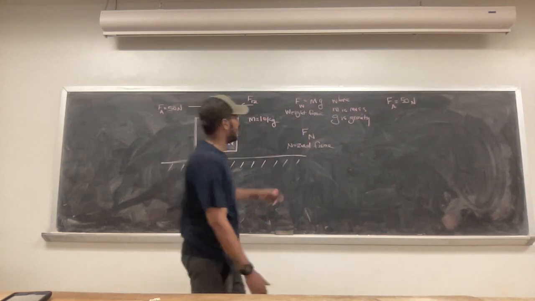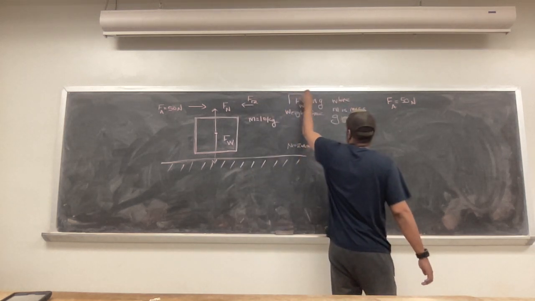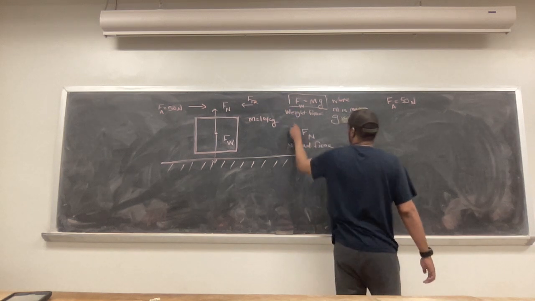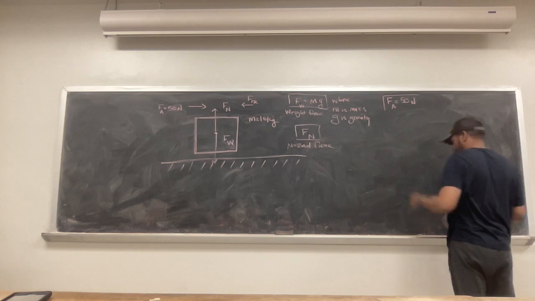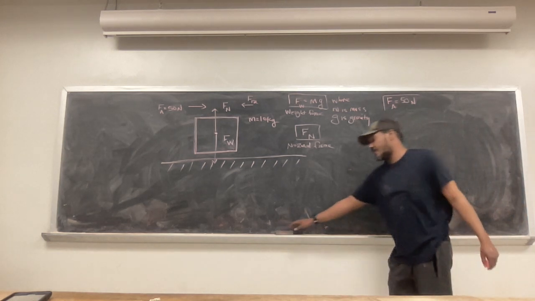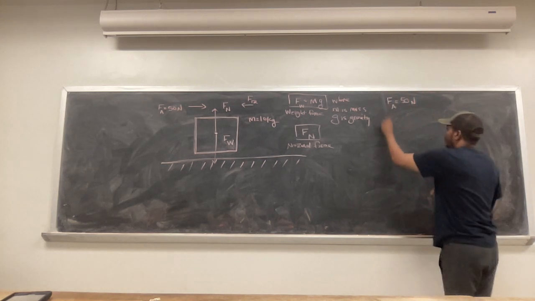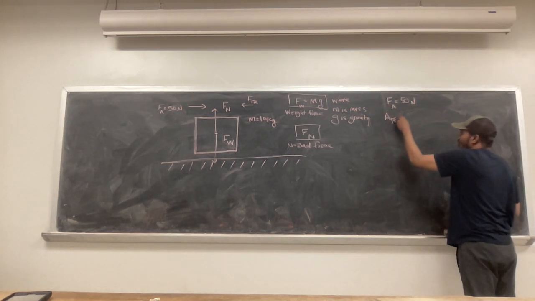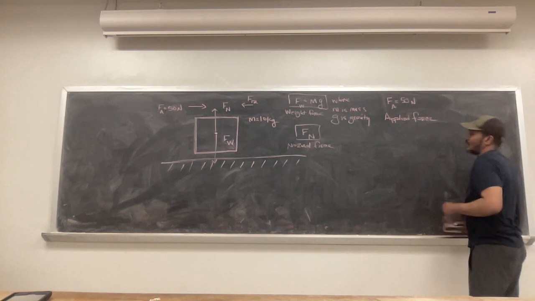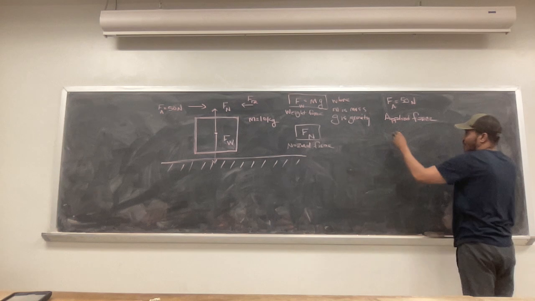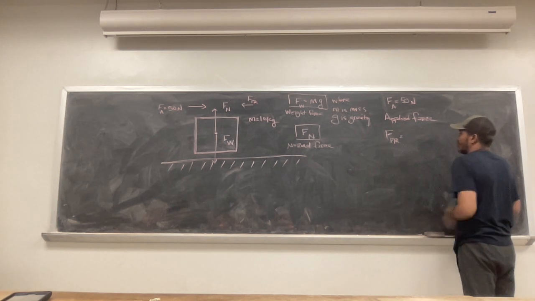Okay, so now we've got four forces: the weight, the normal, an applied force, and let's identify it so we don't forget what A stands for. This is the applied force, what I put on the box to get it to move. And then we have friction.